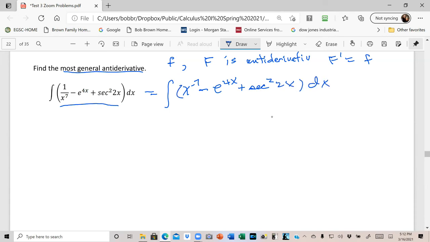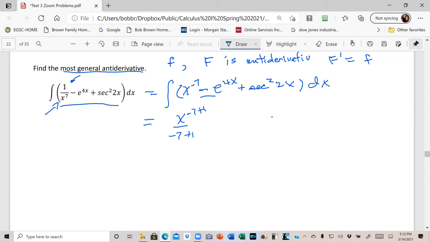We rewrote it because we wanted to have the power function in the numerator. And now we use the power rule. That would be x to the minus 7 plus 1 over minus 7 plus 1.